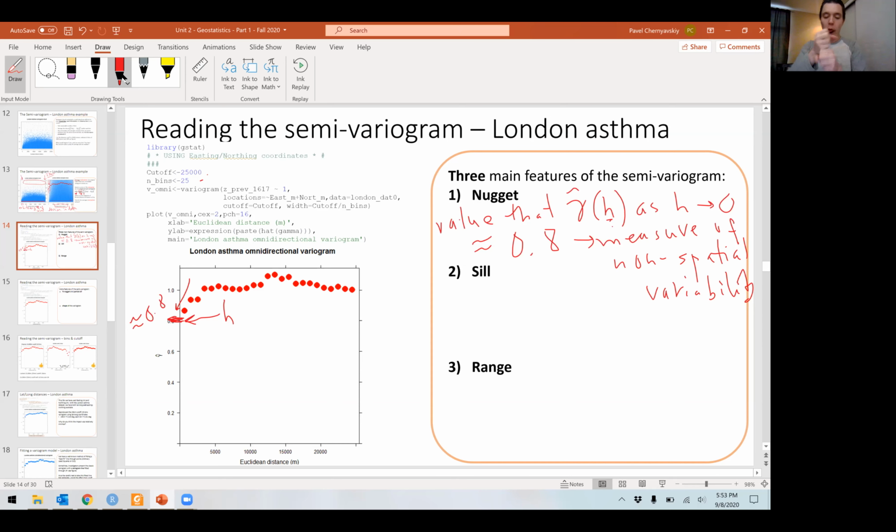So the nugget is an estimate of non-spatial variance.